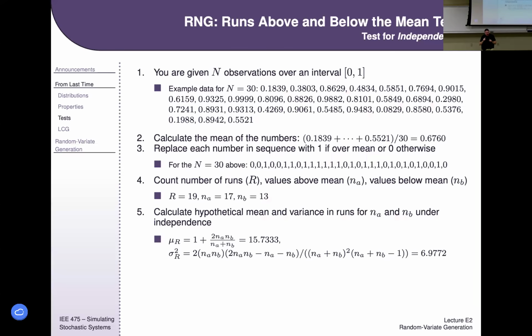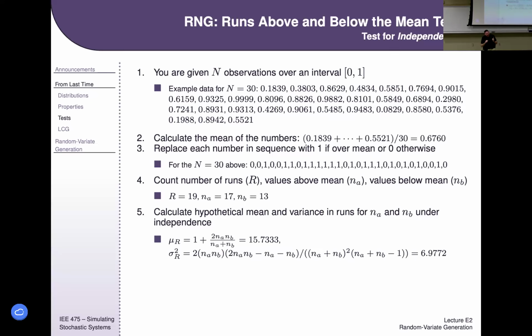It turns out you can generate the statistics on that, and using rationale, which of course has to do with the central limit theorem and so on, you can figure out that for an independent coin, the mean number of runs is this formula. Now, these two formulas right here, I am not going to give you. So I would recommend you write these down on your cheat sheet or memorize them.